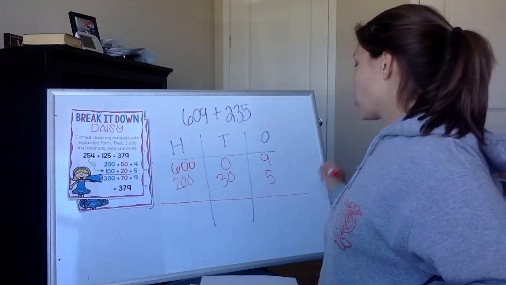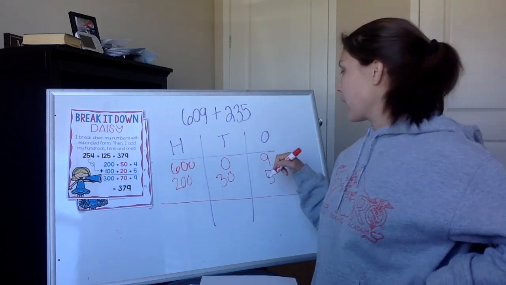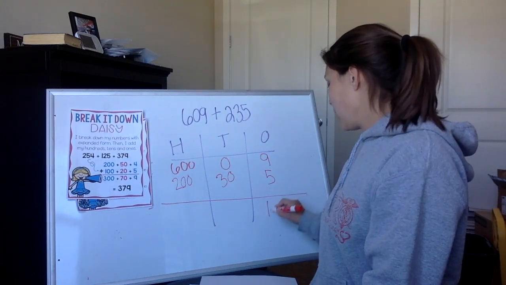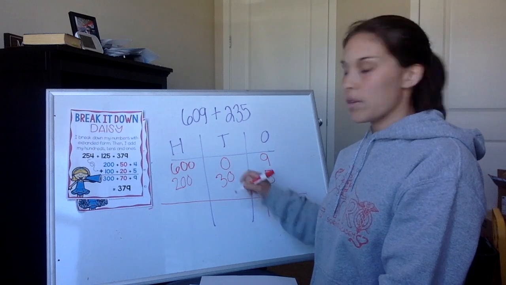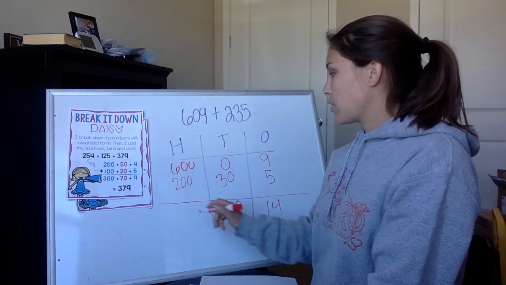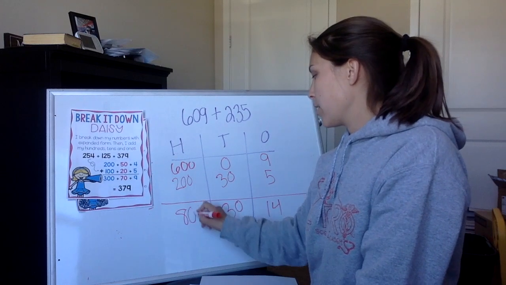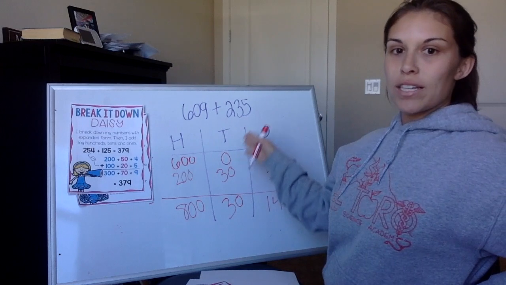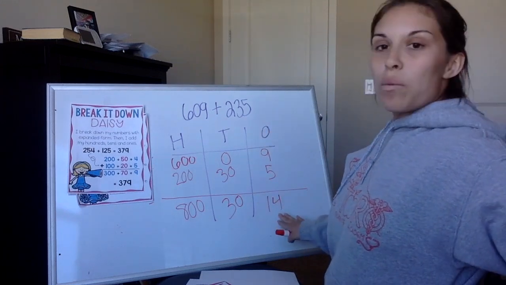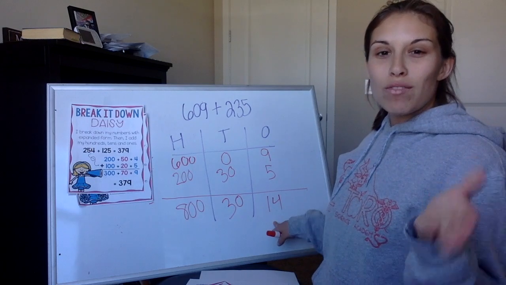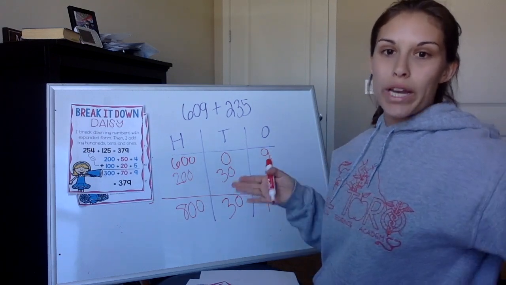All right, so now my job is to add them together. So 9 plus 5 is 14. 30 plus 0 is 30, and 600 plus 200 is 800. All right, boys and girls, now that we've added our hundreds, our tens, and our ones, we see that we have 14 in our ones column, and if we have 10 or greater, we need to regroup.